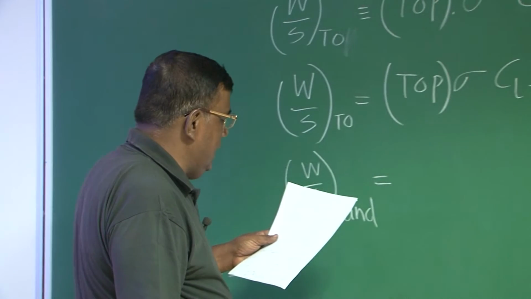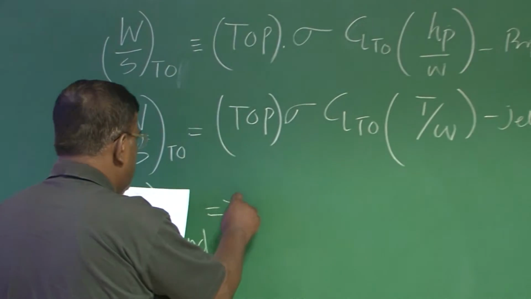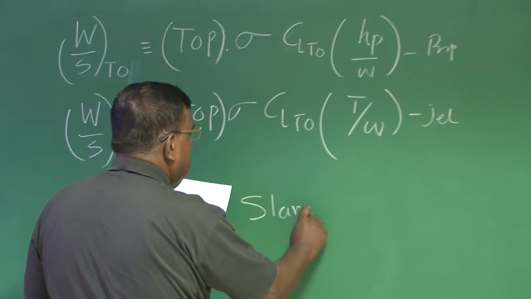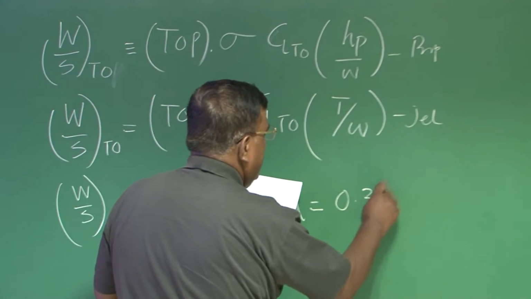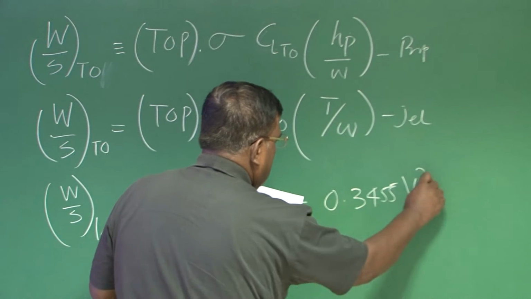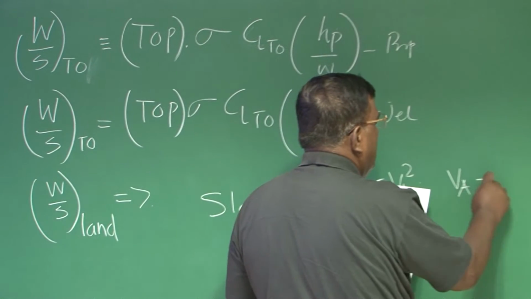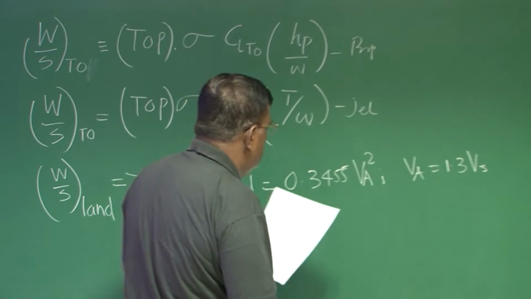For W by S landing, we approach it like this, that we followed, let's say, one regulation based on FAR 25, which roughly says, okay, you take 3455 VA square, and VA in this regulation has been taken as 1.3 times V stall.